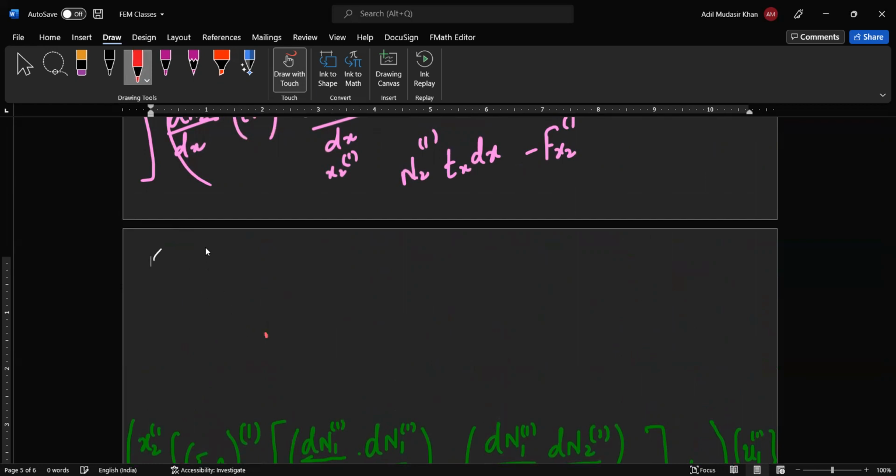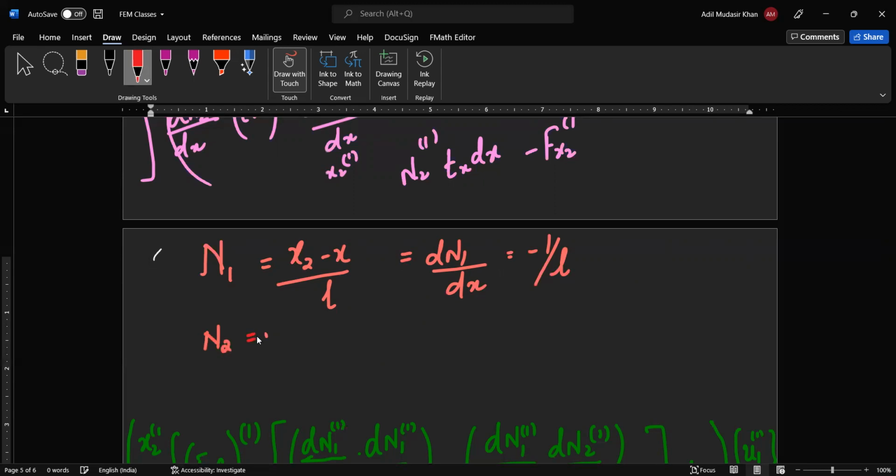First let's find the shape function: n1 is equal to x2 minus x divided by L. If we differentiate with x, dn1 by dx is equal to minus 1 by L, and n2 is equal to x minus x1 divided by L, which implies dn2 by dx is equal to 1 by L.